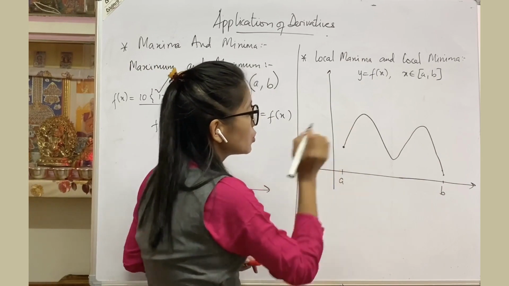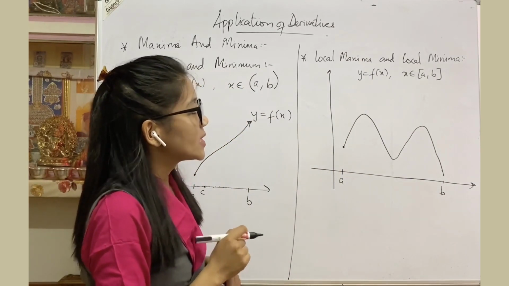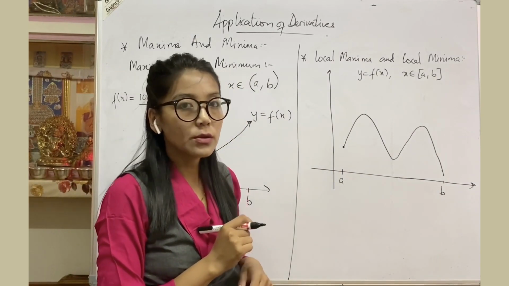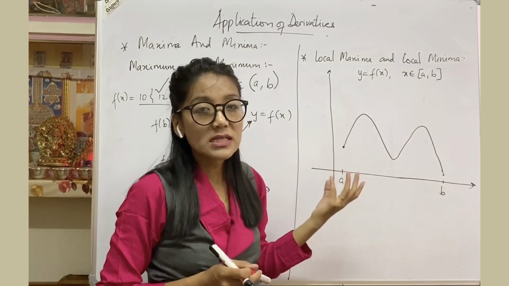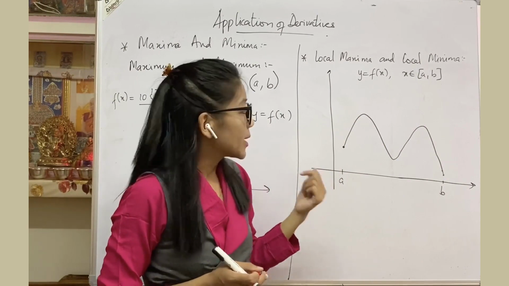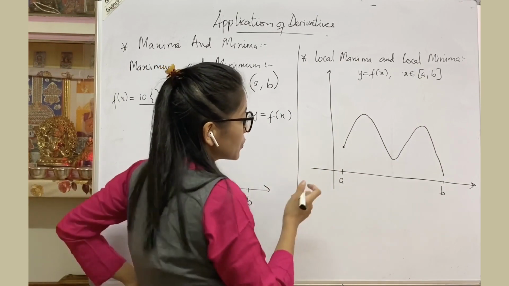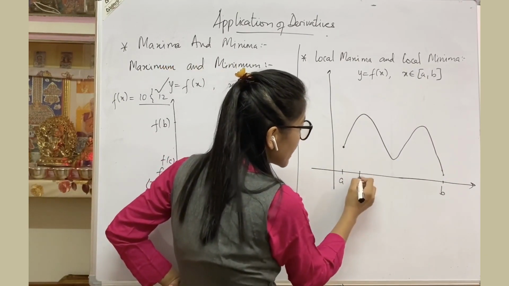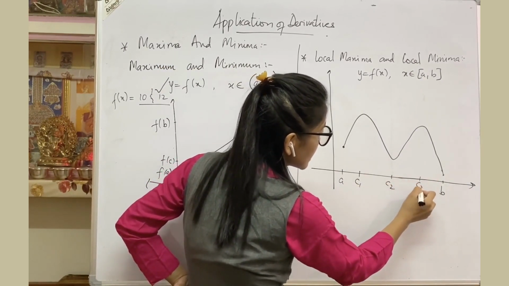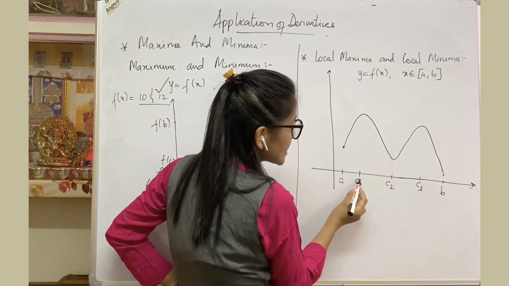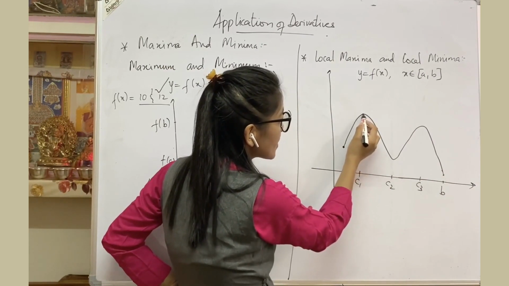Now look at the graph. What is the maximum value of the function? Since it is a closed interval, we will have the maximum and minimum values. Let me mark these points as c1, c2, and c3.